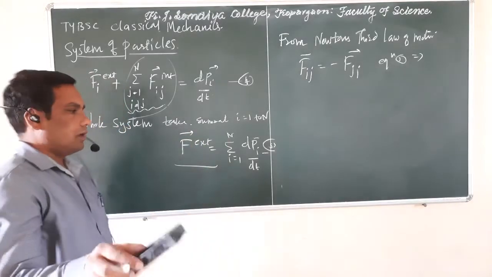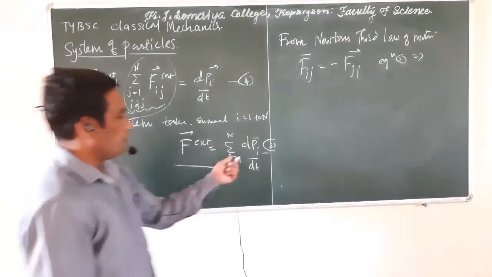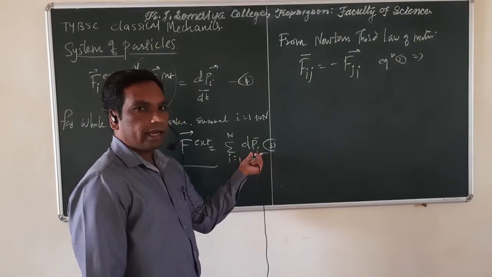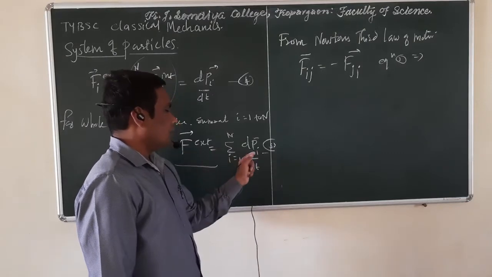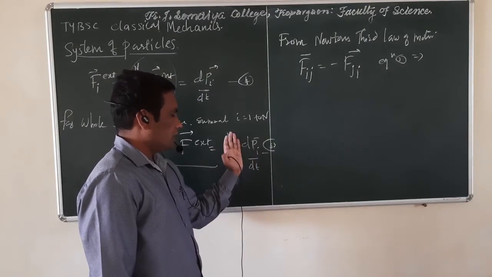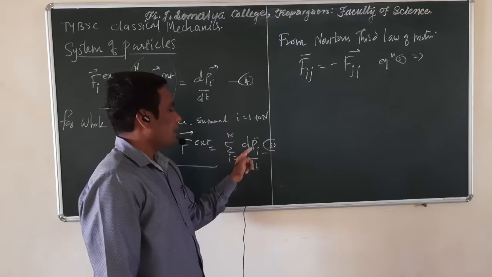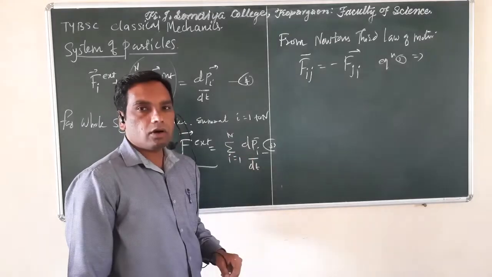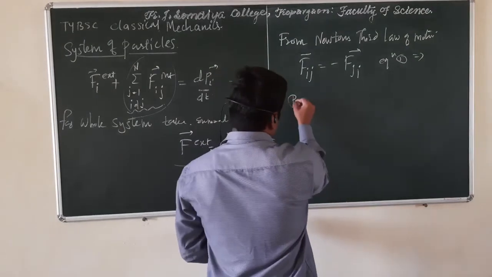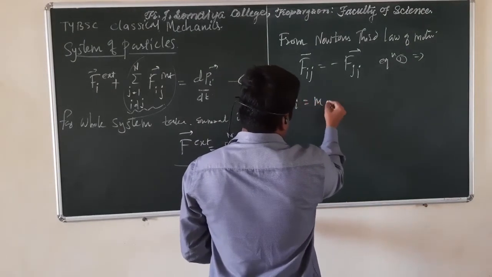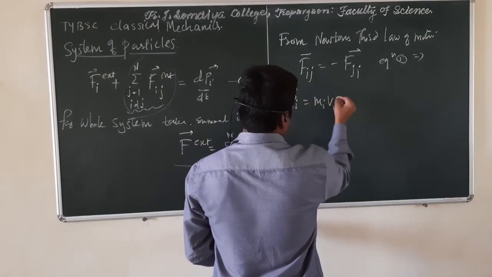Okay. Now next, here we know that the force acting on the ith particle is dPi by dt, where Pi is the momentum of the ith particle. We know that linear momentum is nothing but the product of mass and velocity.